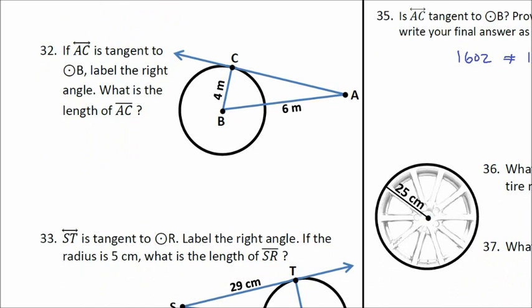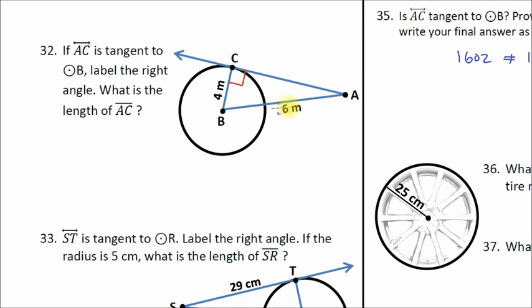Question number 32. If line AC is tangent to circle B, label the right angle. Well, a tangent line and a radius that touch at the point of tangency form a right angle. And that means CAB is a right triangle. The question is, what is the length of AC? Well, AC is right here.